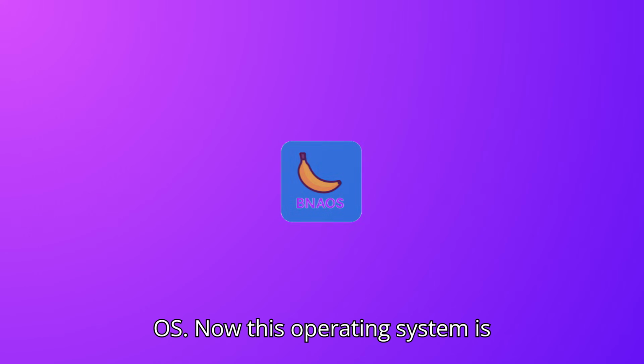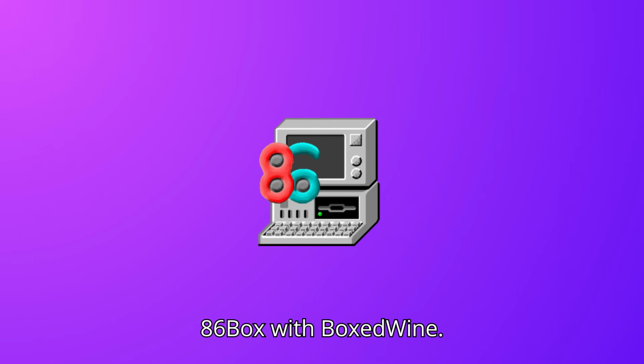Now, this operating system is fully featured. It's based on Windows 7. Believe it or not, I'm using x86 box with boxed wine. Those two together can make basically Windows in a web browser environment because I can combine the power of 86 box manager with a Windows 7 ISO that's very small, so it can only handle certain 64-bit programs.